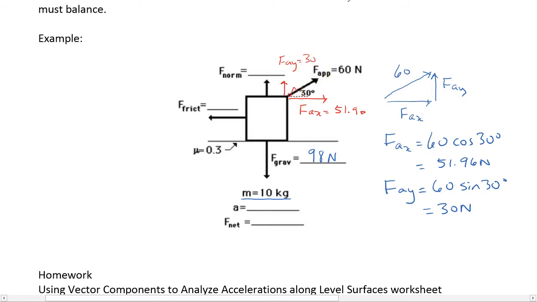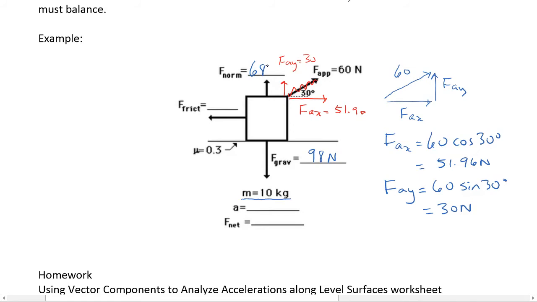I'm going to try to ignore that arrow because I've replaced it with those two. Well, I've got this downwards arrow, which is 98, and one upwards arrow that's 30, so 98 minus 30 is going to be equal to 68. So I know that the normal force is 68.